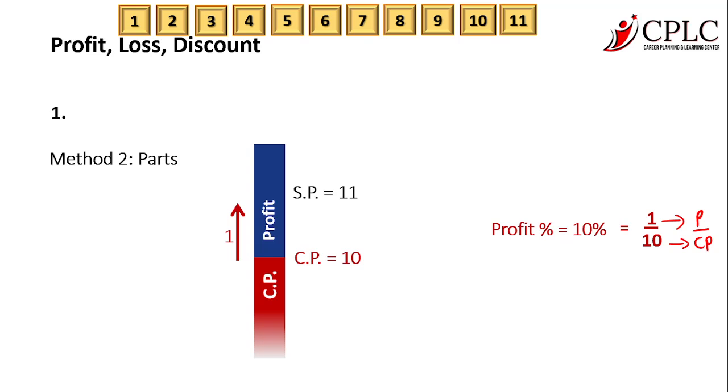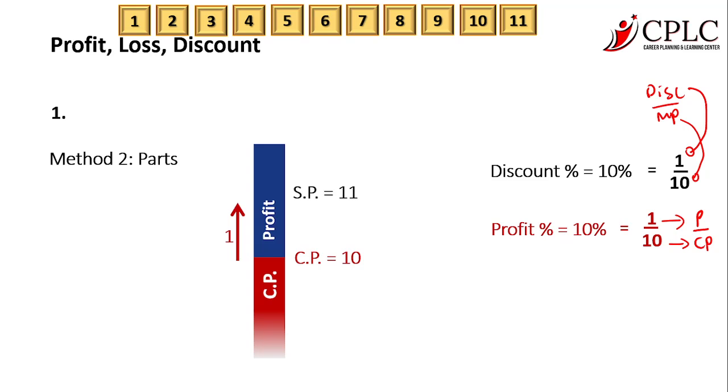Then there is one more data that is given, that there is a discount of 10% also. So discount of 10% means again it is 1 by 10, and the formula for percentage discount is discount upon mark price. So again, if we simply equate the numerators and the denominators, you can say that mark price is 10.